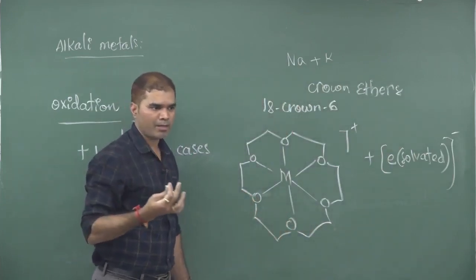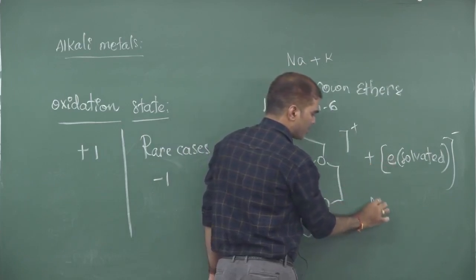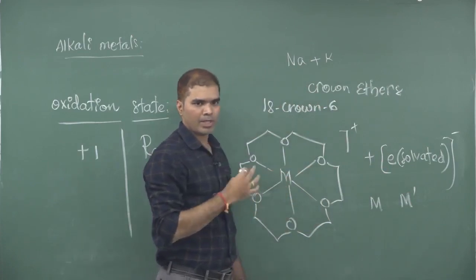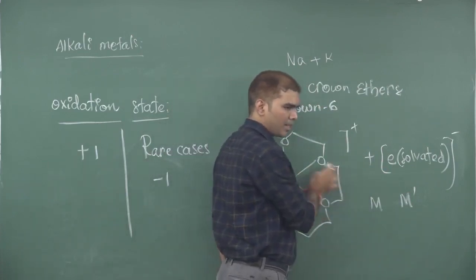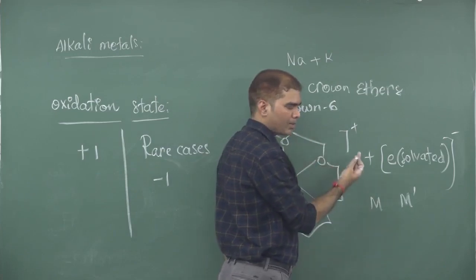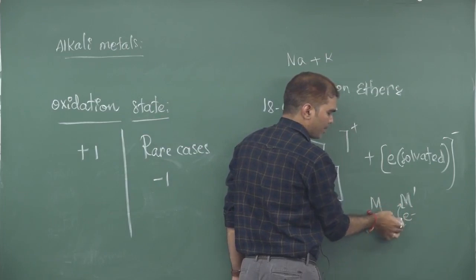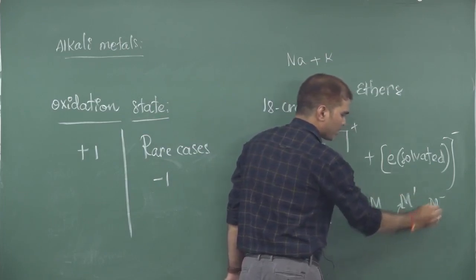Suppose I take a second metal also, M and M prime, two different metals, sodium and potassium or potassium and cesium. Whichever metal is entering inside gives away an electron, and that electron will be taken up by the second metal. Once it takes this electron, it will become M minus.